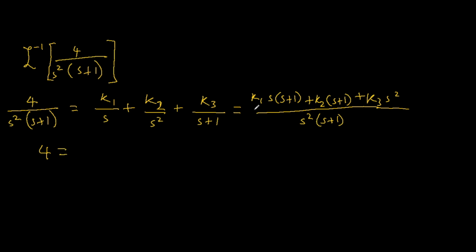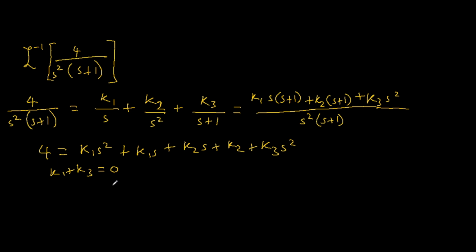4 is equal to, there's another s squared term here which I did not factor in just now, k1 s squared plus k1 s plus k2 s plus k2 plus k3 s squared. Okay, so this is now our expression. Now we can work. So we have k1 plus k3 is equal to 0.